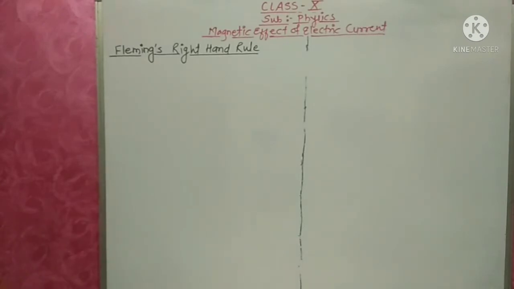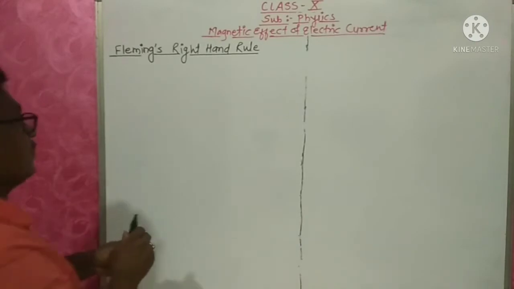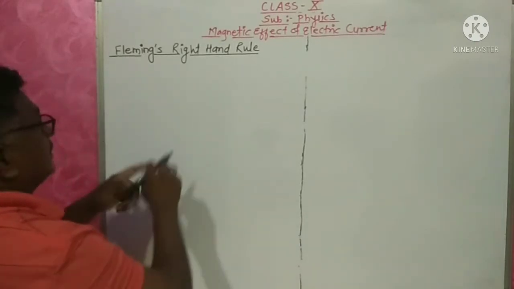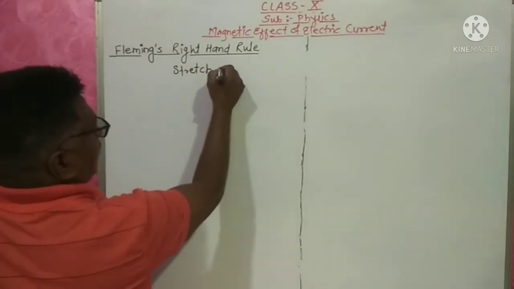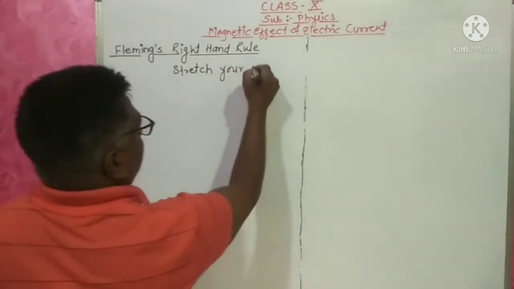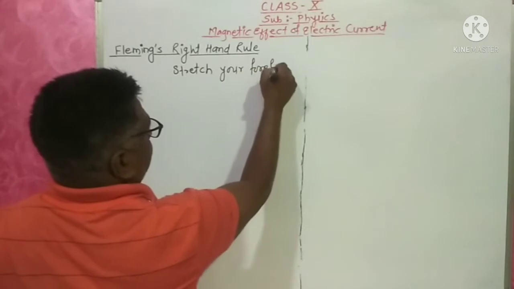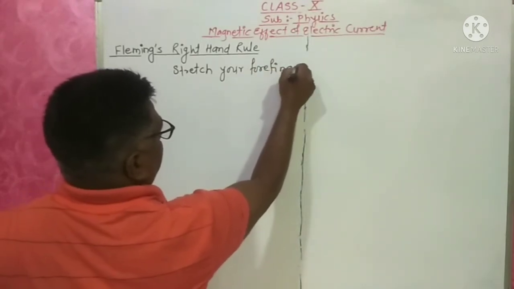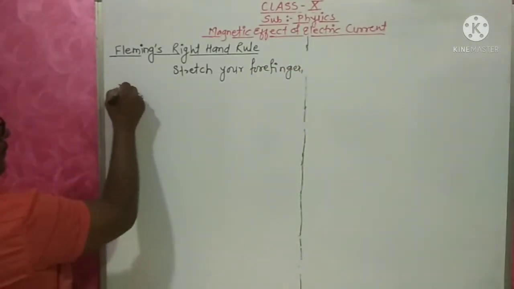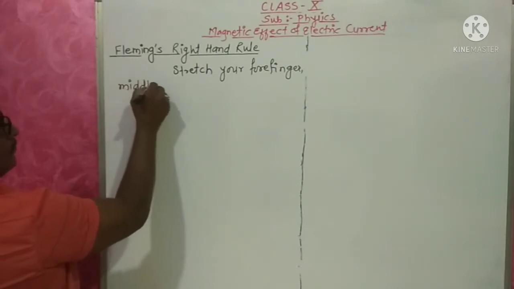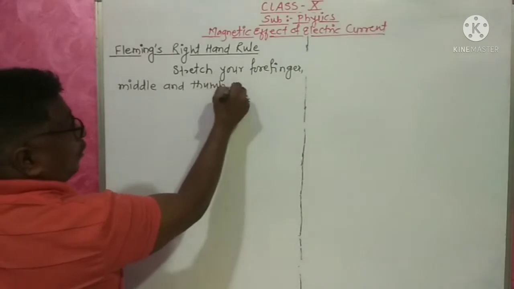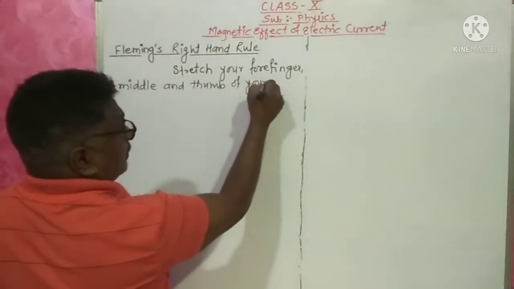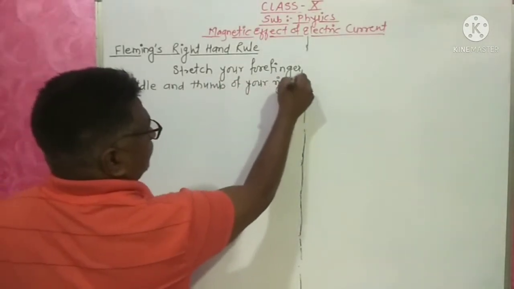So how can we write it? Stretch your forefinger, middle finger and thumb of your right hand.